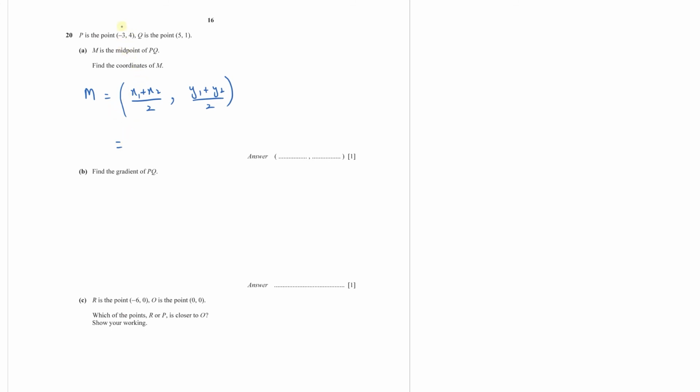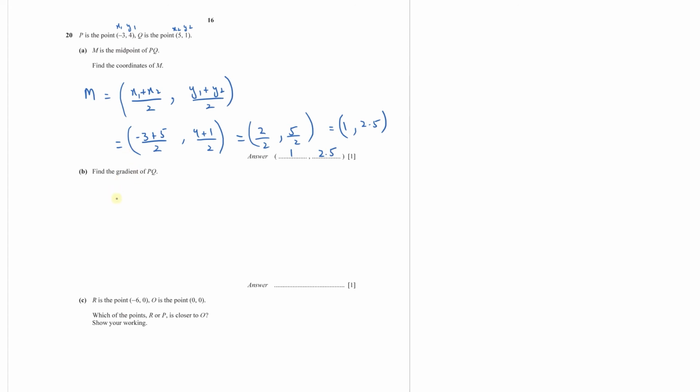So let's say that this is x1, y1, and this is x2, y2. So this is -3 plus 5 over 2, and then 4 plus 1 over 2. So this gives you 5 minus 3 is 2 over 2, and 4 plus 1 is 5 over 2. So this is actually 1, and this is 2.5.